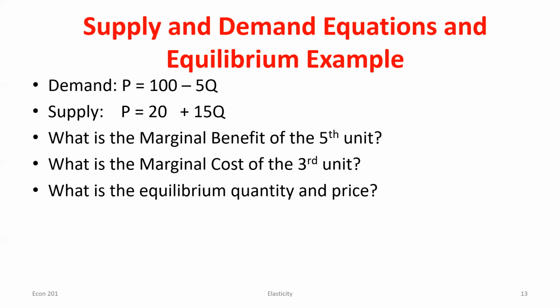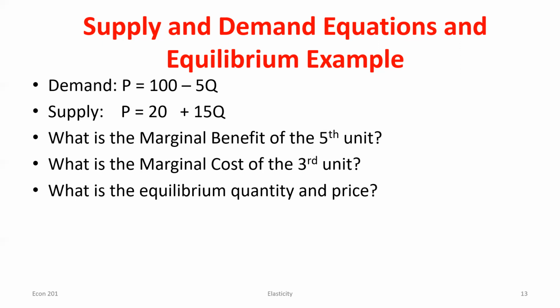So I know that the equilibrium point will be the price at which quantity supplied is equal to quantity demanded. Another way of saying that is it's where the supply and demand curves intersect. It's the point where the marginal cost of the last unit provided to the market is exactly the same as the marginal benefit to the last consumer that purchased it, right?